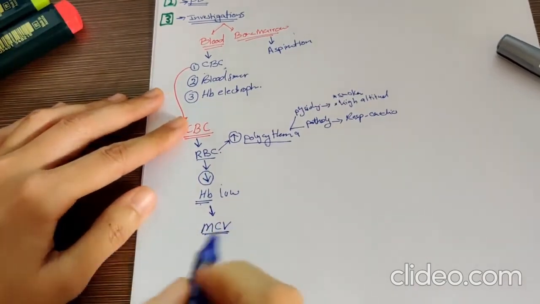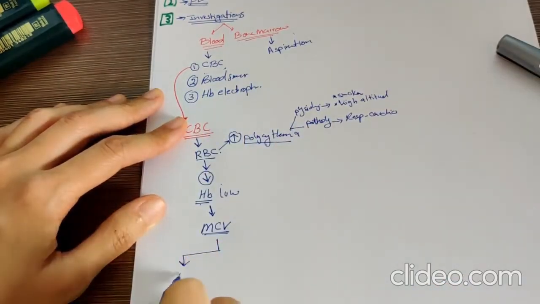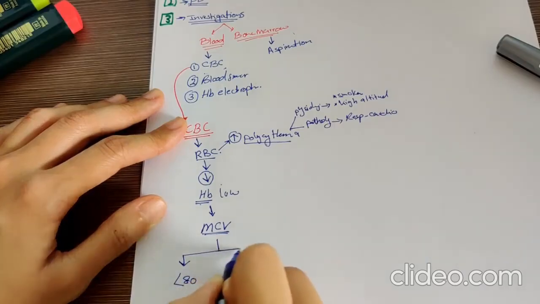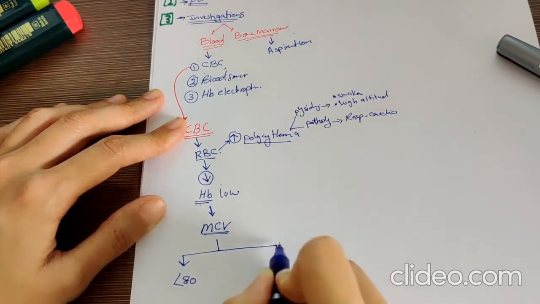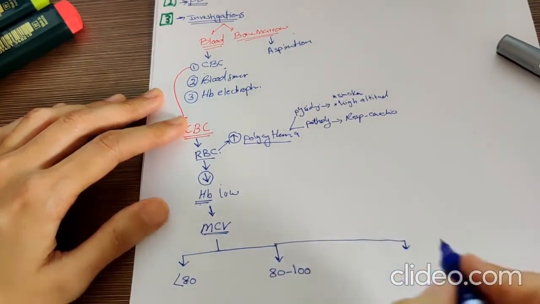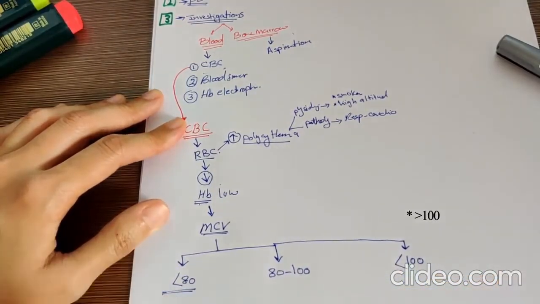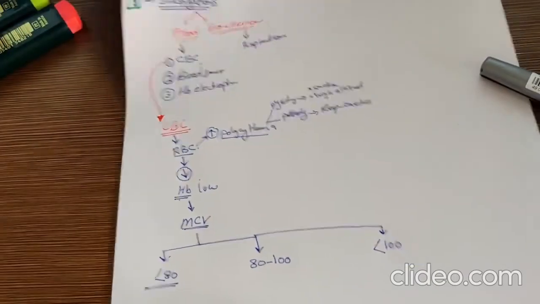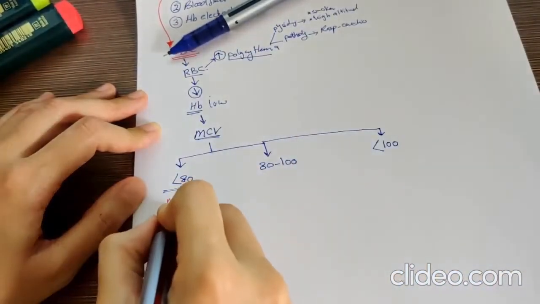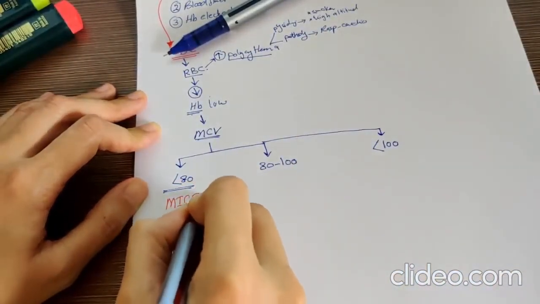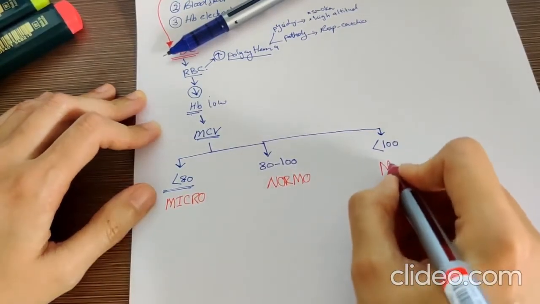After that, I can divide the MCV into three parts: it can be less than 80, or from 80 to 100, or more than 100. If it is less than 80, this is microcytic, this is normal, and this is macrocytic.